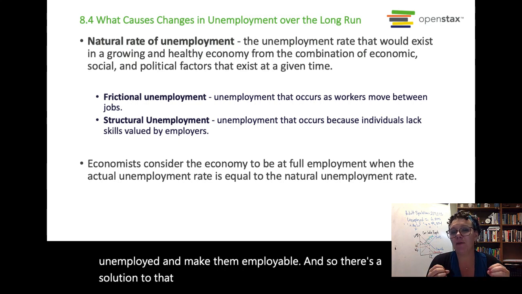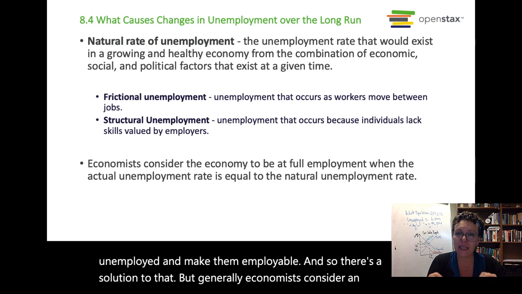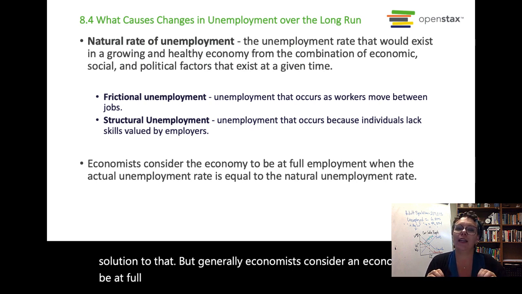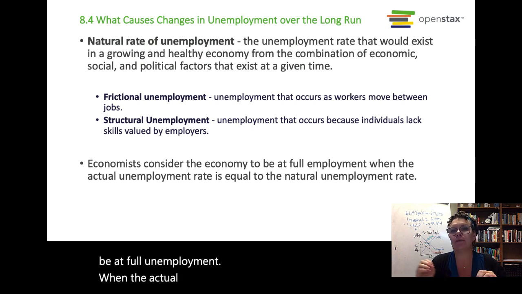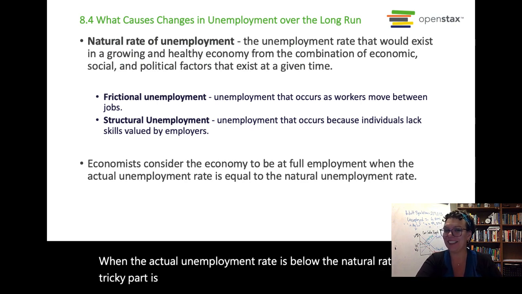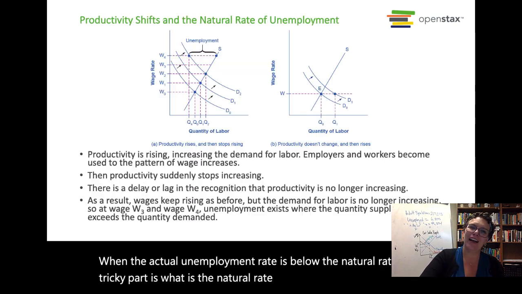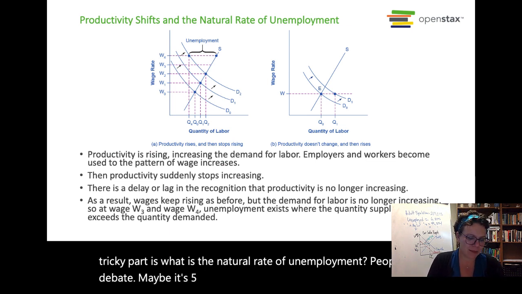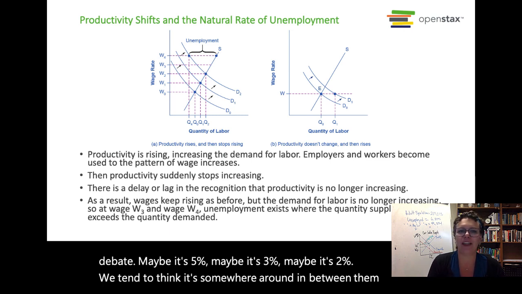But generally, economists consider an economy to be at full employment when the actual unemployment rate is at the natural rate. The tricky part is, what is the natural rate of unemployment? People debate. Maybe it's 5%, maybe it's 3%, maybe it's 2%. We tend to think it's somewhere in that 2 to 4 range.